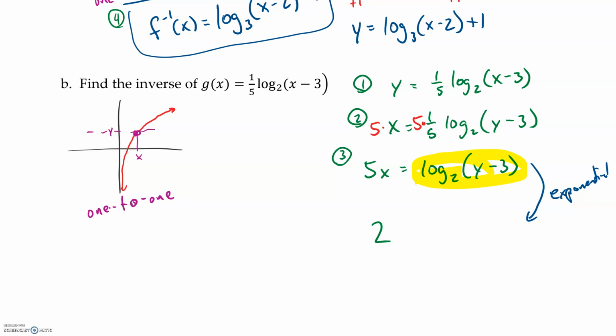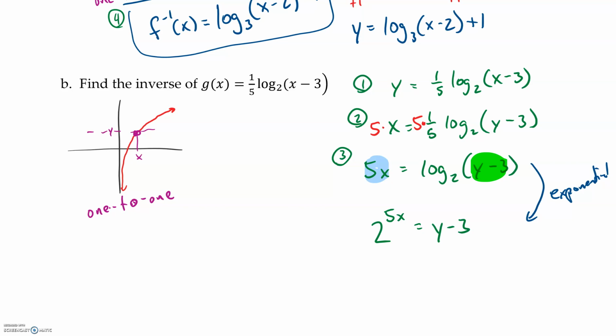The exponent is going to be this thing that was outside, so the exponent is going to be 5x. And this part, y minus 3, is going to be outside by itself. The argument of the logarithm, the thing that was inside the logarithm, is going to be out by itself.